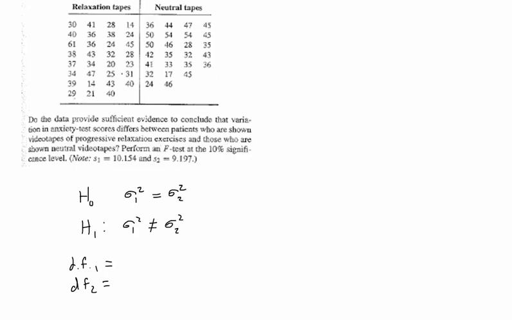That's 24 plus 7. So n1 is equal to 31. And n2 is equal to, we have 1, 2, 3, 4, 5 by 1, 2, 3, 4. That's 20. Plus an extra 5 is 25. Degree of freedom 1 is n1 minus 1, so it's equal to 30. And degree of freedom 2 is n2 minus 1, which is equal to 24.